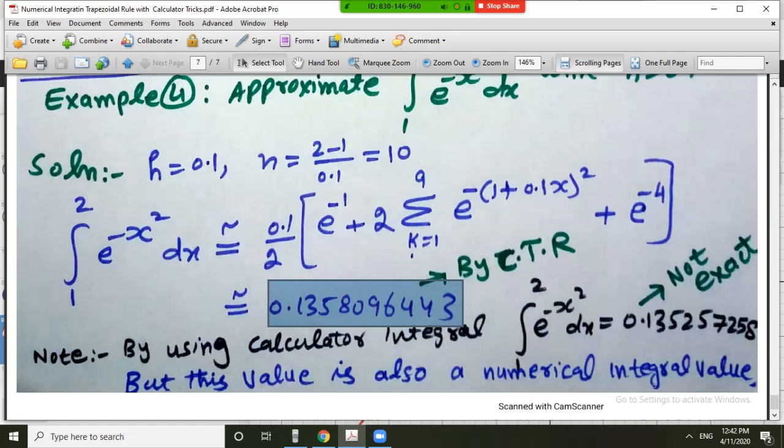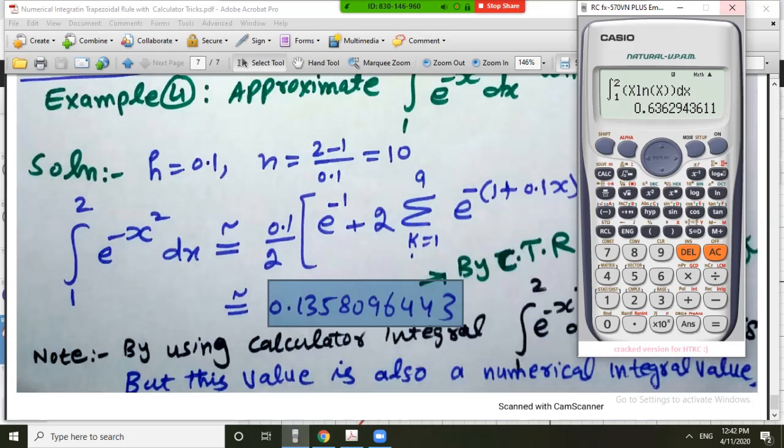Note that if we use calculator for directly calculating this integral, this is not the exact integral. If we do this, e power minus x square from 1 to 2, note that this is not the exact value as we have calculated this by calculator directly.